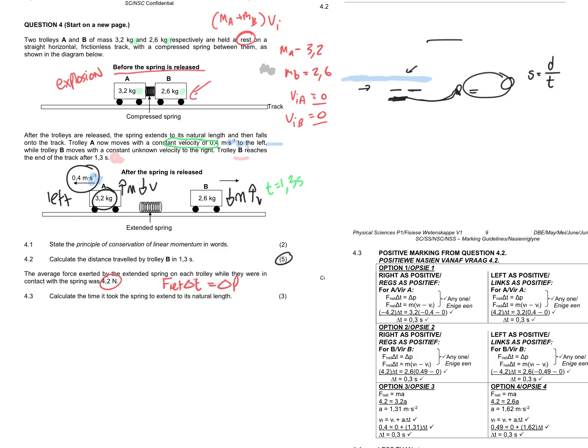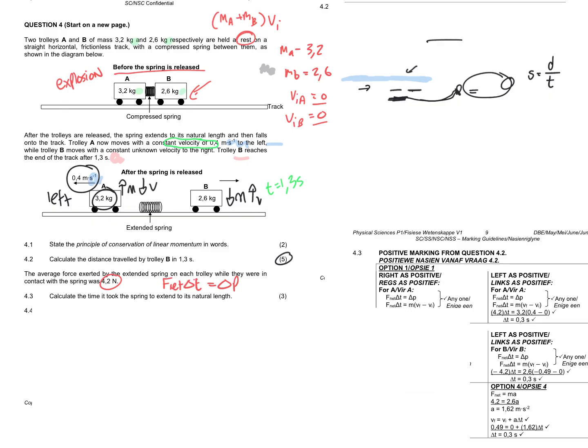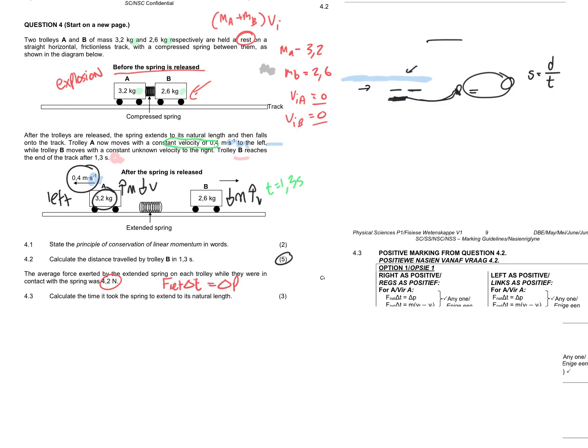So we are definitely going to use the FAT formula now. And how you're going to get this one wrong is you're going to use the wrong units maybe. Oh, no, actually it doesn't matter for this one. If you're using the FAT formula, your unit needs to be Newton seconds. Because the unit for impulse, which is F net delta T, the fat part, this part here, this is called impulse.